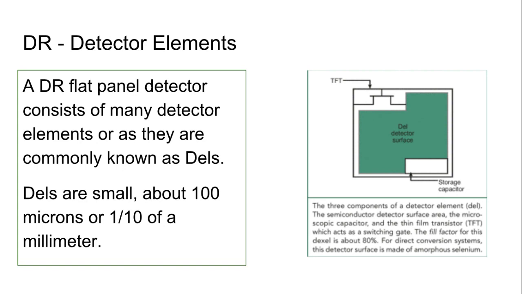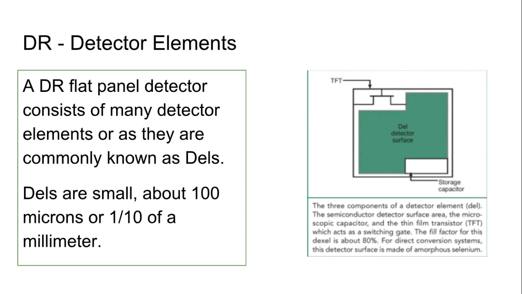The bigger this detector surface, the more radiation intensity can be absorbed and not lost. Photons that fall on the TFT or the storage capacitor would not be counted and would not contribute to the image. So this DEL surface area is sometimes defined as the fill factor, being how large it is.